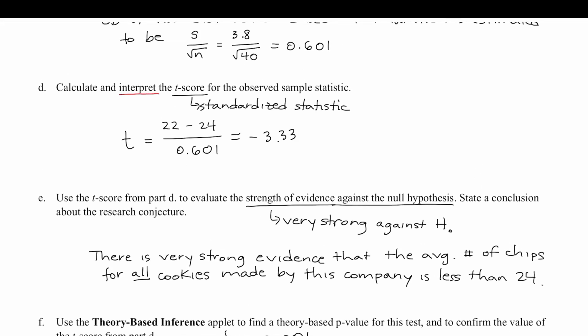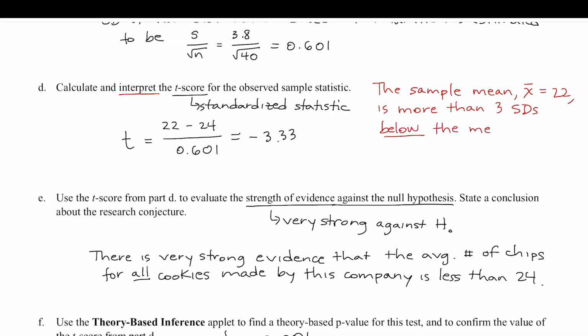Now I have to go back because I just realized I didn't do my interpretation. So the sample mean, which is x-bar equals 22, is, I'm just going to say more than 3, but you could say 3.33, or you could say almost 3.5 SDs, and I'm going to say again below, because that t-score was negative, the mean, which would be 24, of the null distribution.